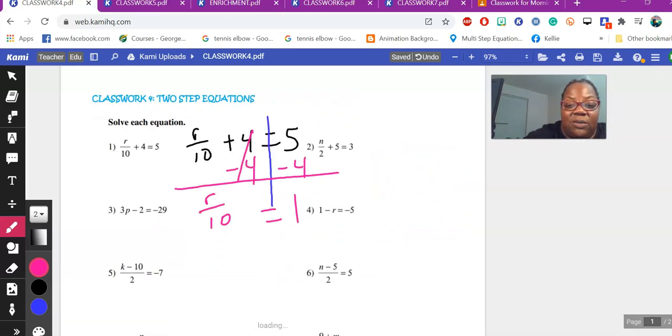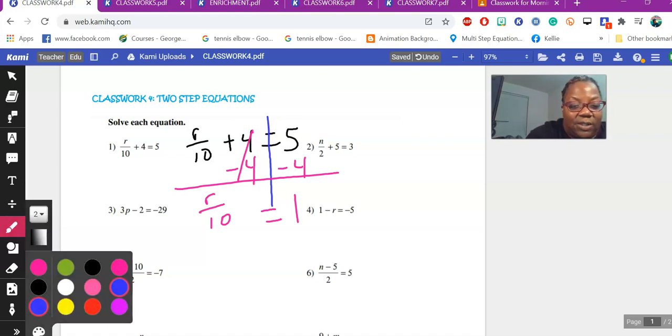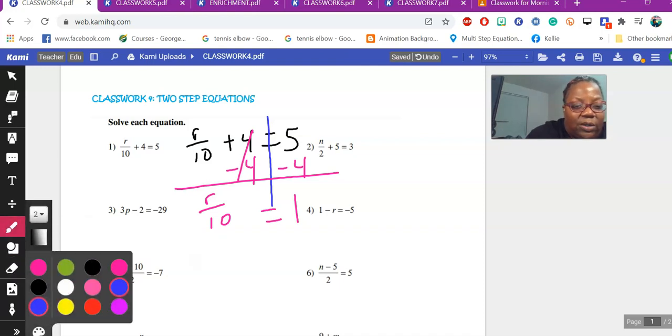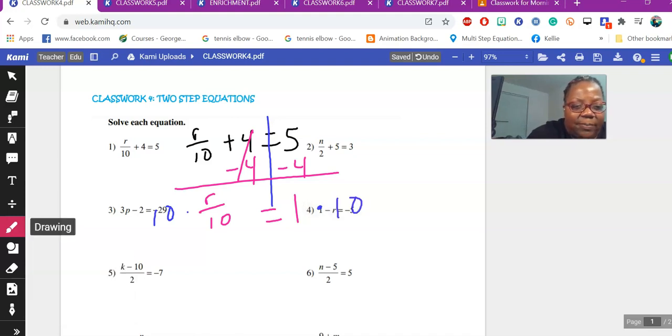Now what you just did was you turned it into a one-step problem, right? This should look familiar, especially for the class that did the multiplying and dividing ones, okay? In order to get r by itself, we need to multiply by 10 on both sides. Remember, fractions mean divide. We do the opposite of what we see, which is multiply. Multiply by 10 on this side, multiply by 10 on this side, right?